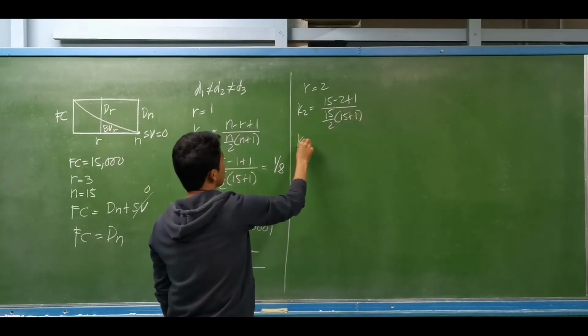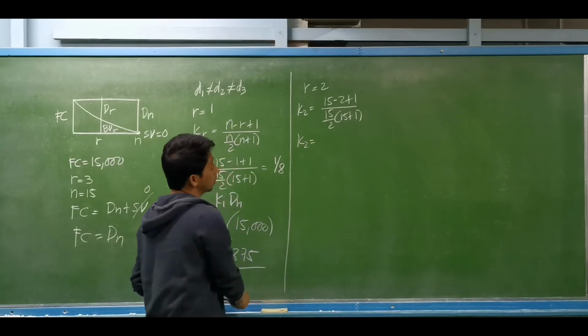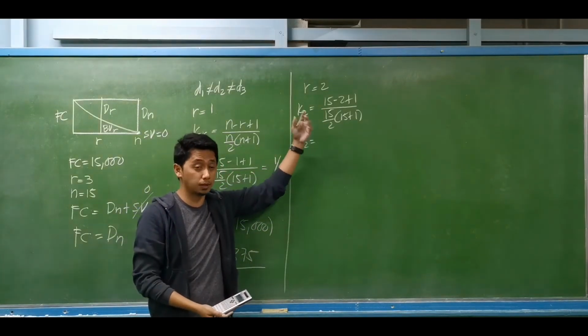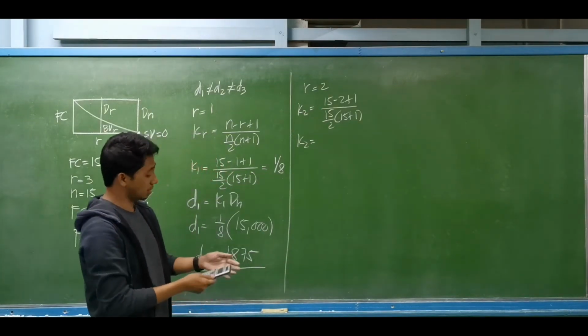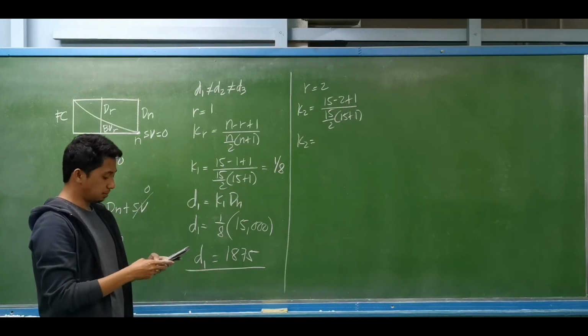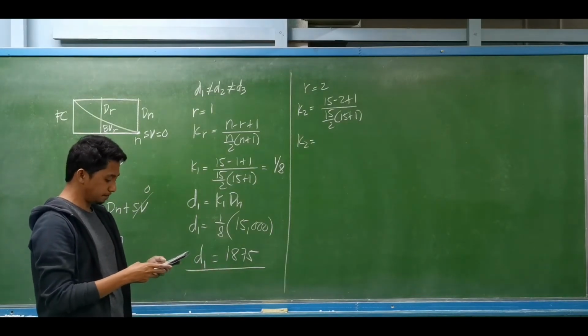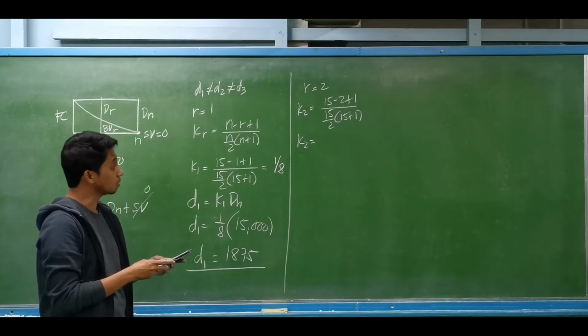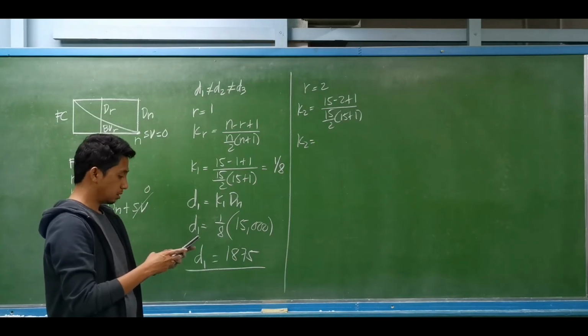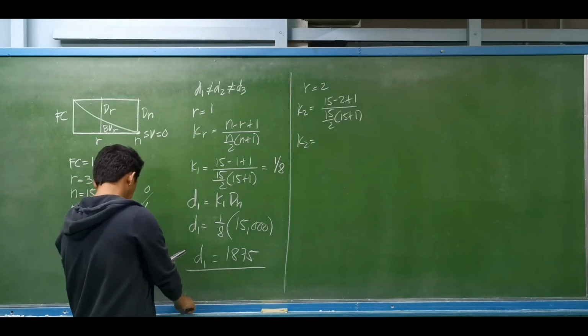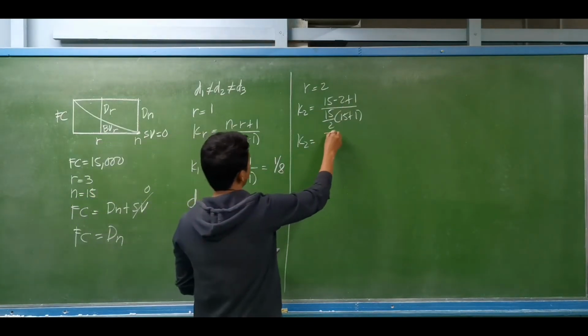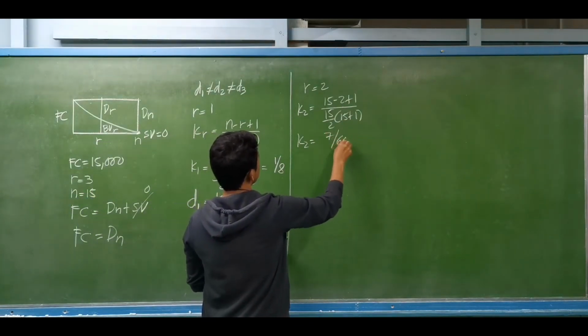You may compute the value of the denominator so that you do not have to recompute it repeatedly. So this is 15 minus 2 plus 1 over 15 over 2 times 16, which is equal to 7 over 60.